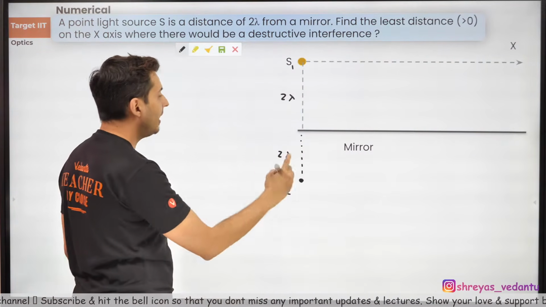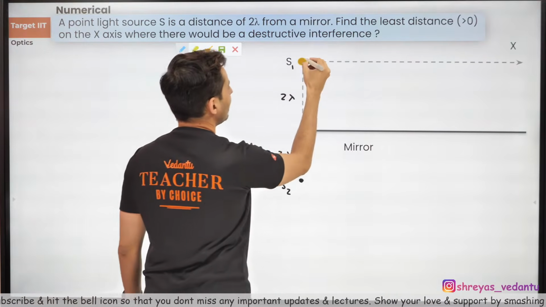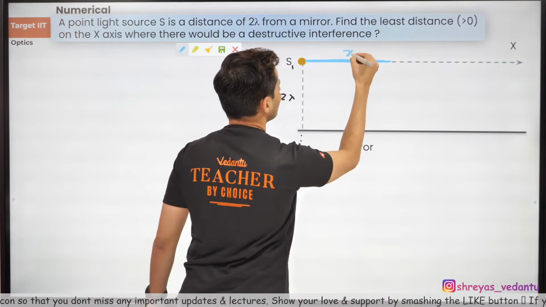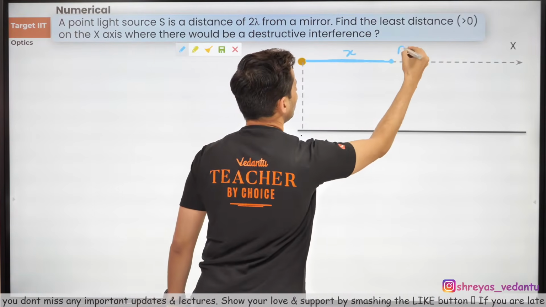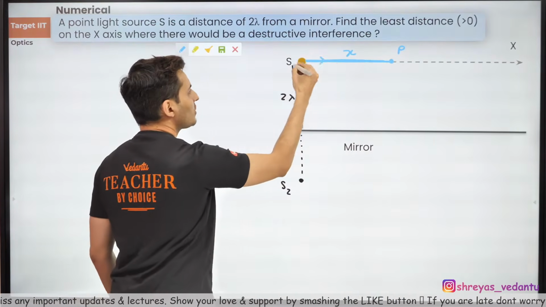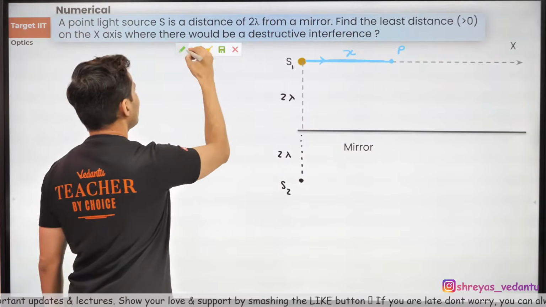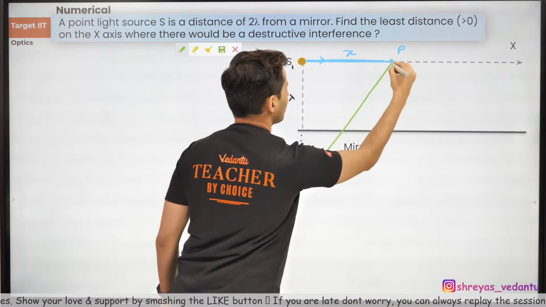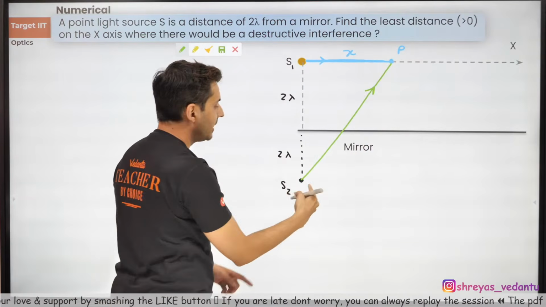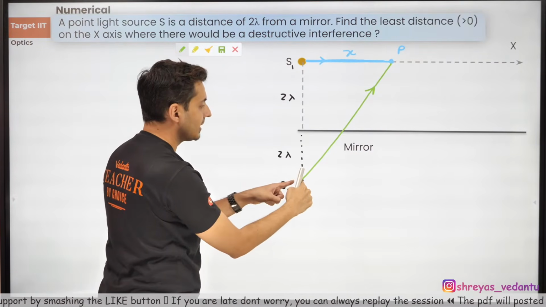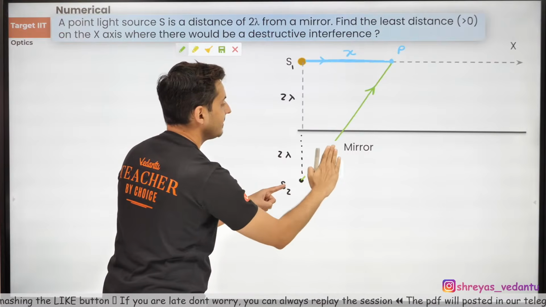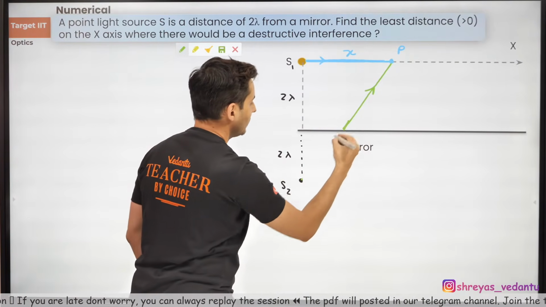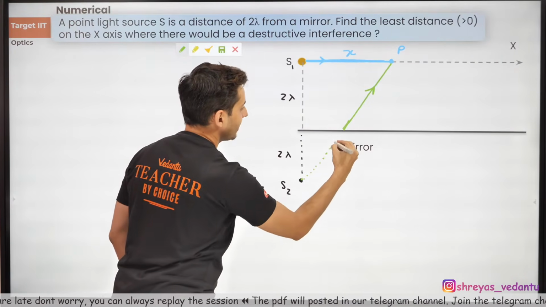Okay. And now what you can think is somewhere over here, let's say at some distance x, maybe I have some point P, the ray from source 1 will travel like this, the ray from source 2 will actually travel like this. But remember, actually there is no source over here. I'll just probably show it as a dotted line.